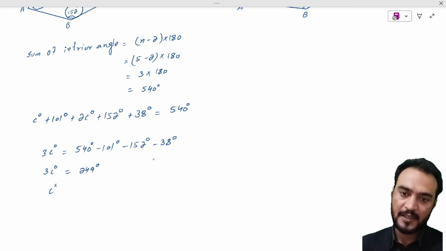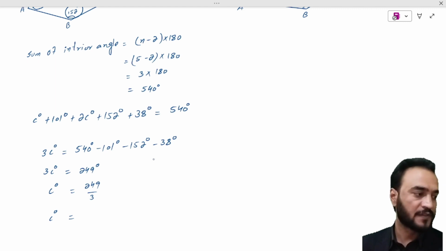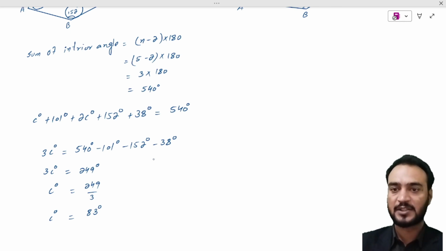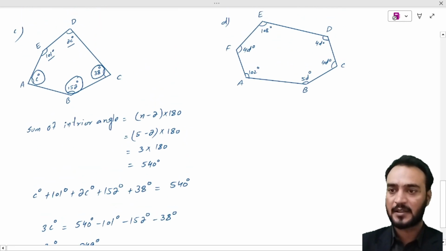Dividing it by 3, the value of C degree becomes 249 over 3. Dividing, we get the value of C degree, which is equal to 83 degrees. So this becomes the value of C degree in this part C, which was a pentagon.